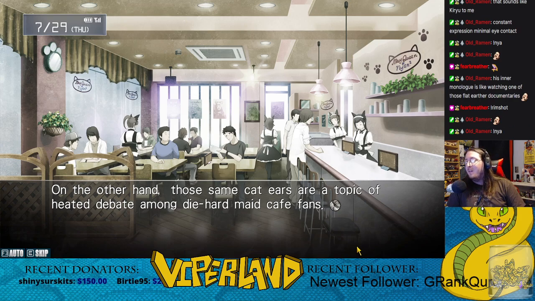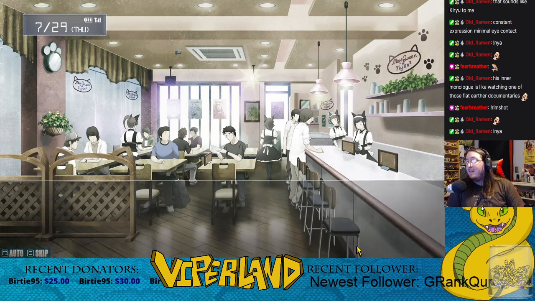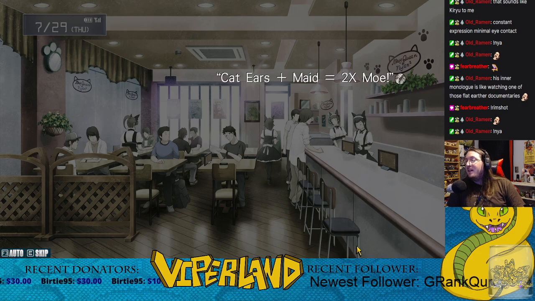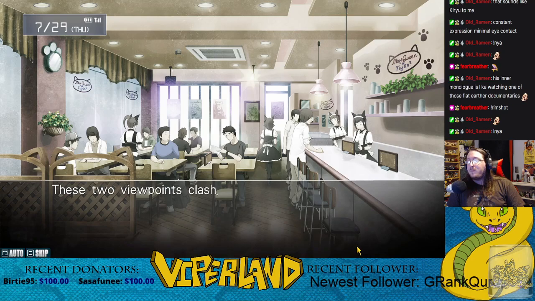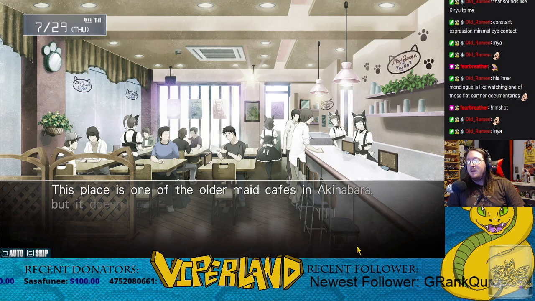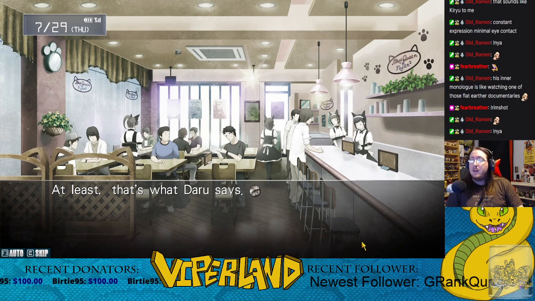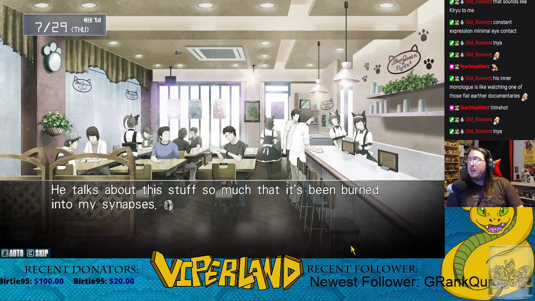On the other hand, those same cat ears are a topic of heated debate among die-hard maid cafe fans. Are they now? Maids don't have cat ears. Cat ears plus maid equals 2 times moe. These two viewpoints clash. This place is one of the older maid cafes in Akihabara, but it doesn't get much media exposure. Maybe that's what makes it more comfortable than most. At least that's what Daru says. He talks about this stuff so much that it's been burned into my synapses.